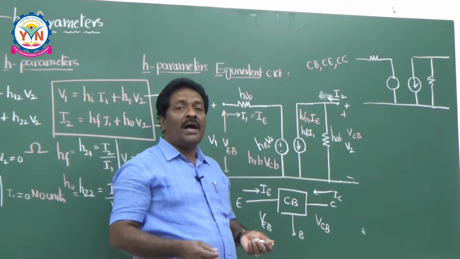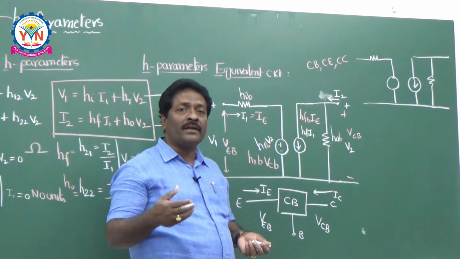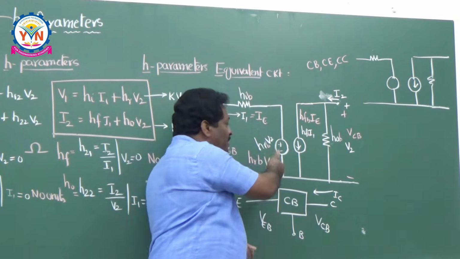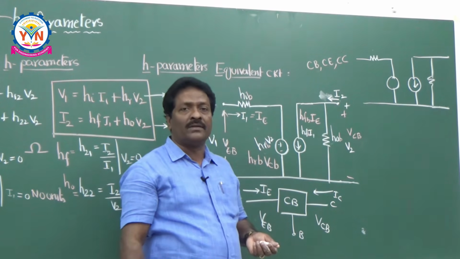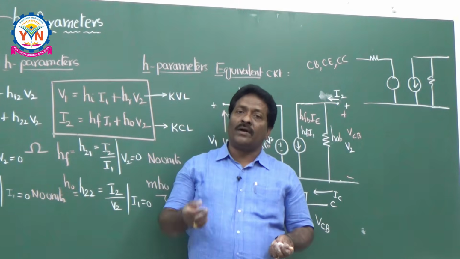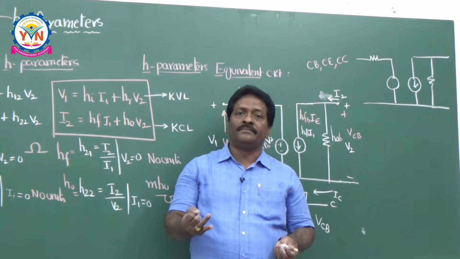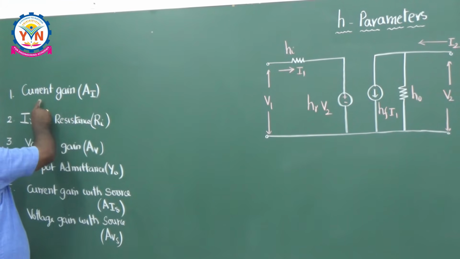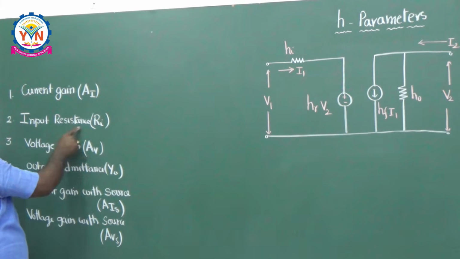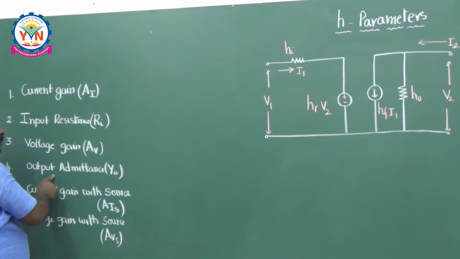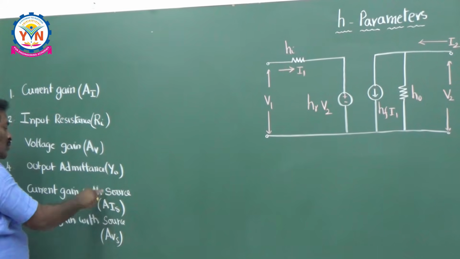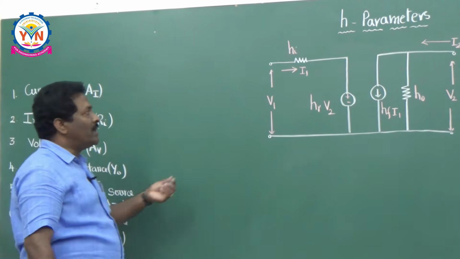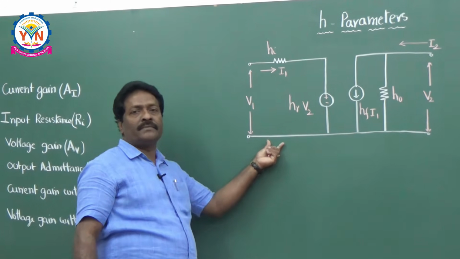Now I would like to calculate the important parameters for this generalized network. Then I can apply it for any type of configuration. We are going to calculate the current gain AI, input resistance Ri, voltage gain AV, output admittance Yo, current gain with source AIS, and voltage gain with source AVS for this generalized H parameter network.